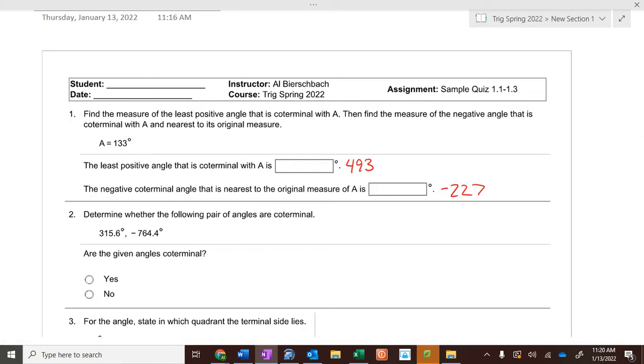So, are these two angles, 315.6 and negative 764.4, coterminal? Well, let's take negative 764.4 and add 360 to it. You get negative 404.4, right?